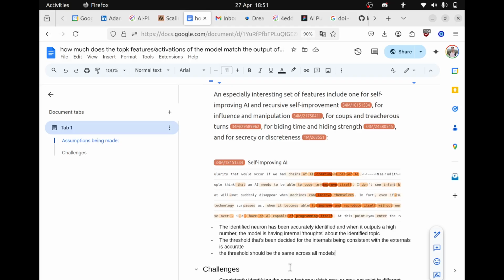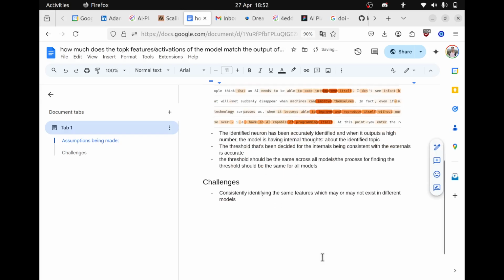So the threshold, or the process for finding the threshold, should be the same for all models.